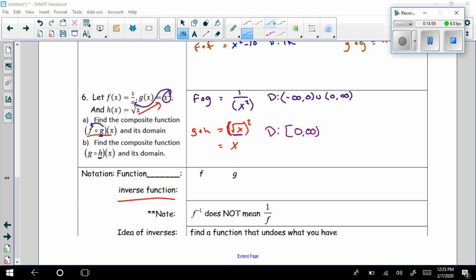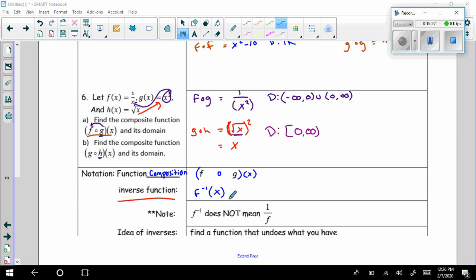Okay, so noting the difference between an inverse and a composition, you'll see a difference in your notations. So a composition is that f of g with that open circle of x. With an inverse, we're going to see f to the -1 of x.